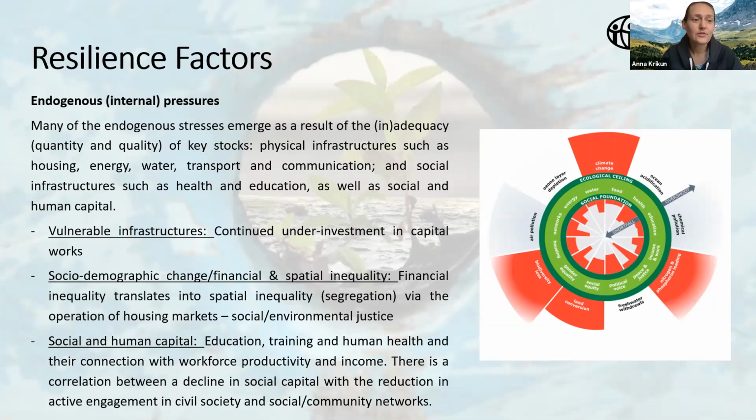Another internal or endogenous pressure is socio-demographic change and, related to this, inequality. So basically here we see how social justice and environment come together. The less people earn, the lower quality housing areas they live in.